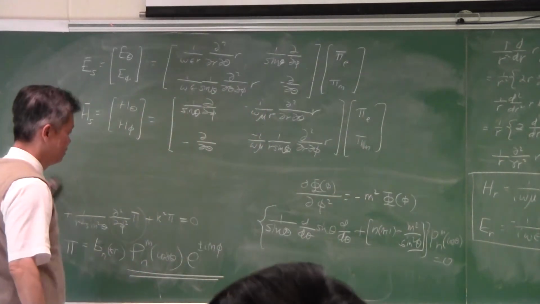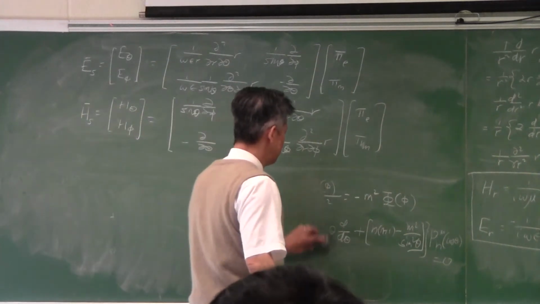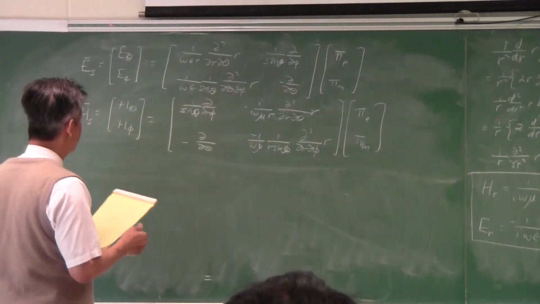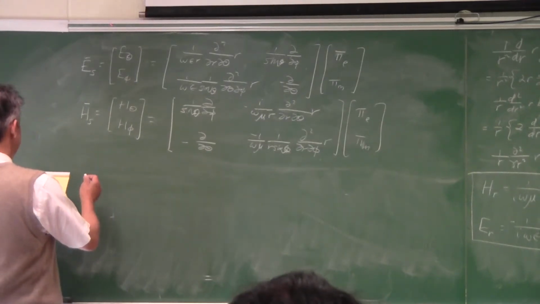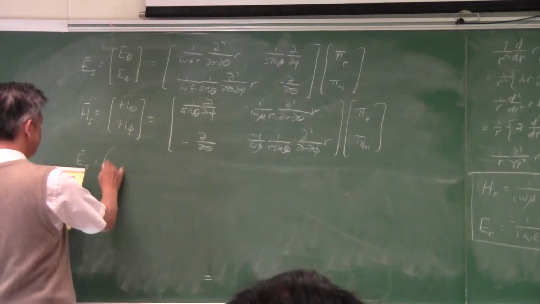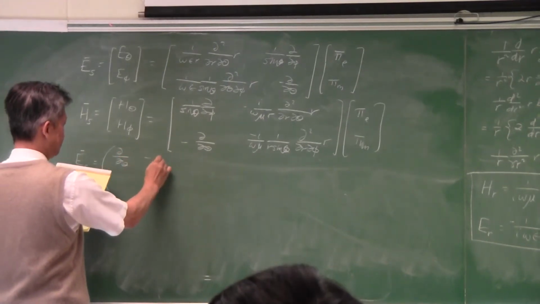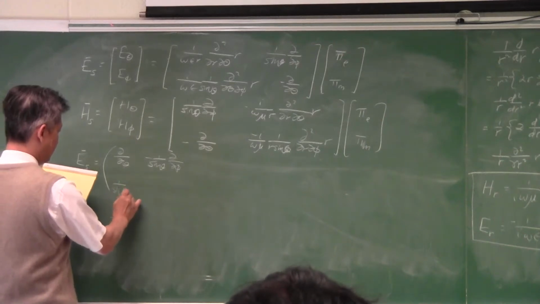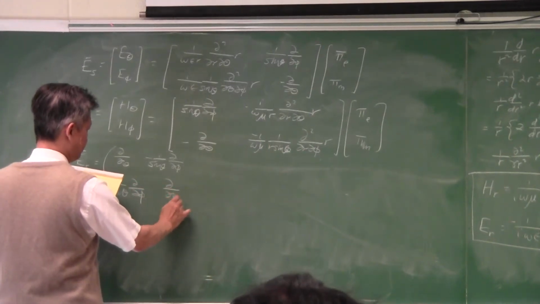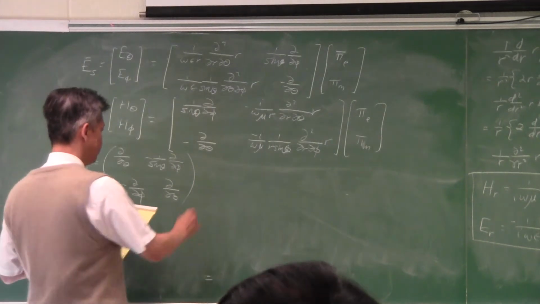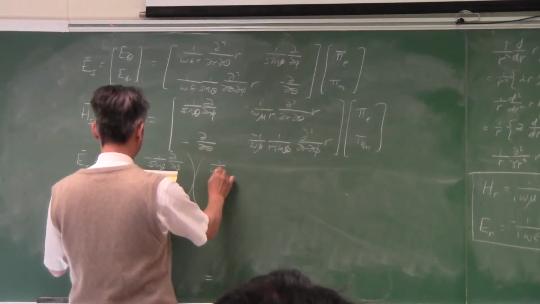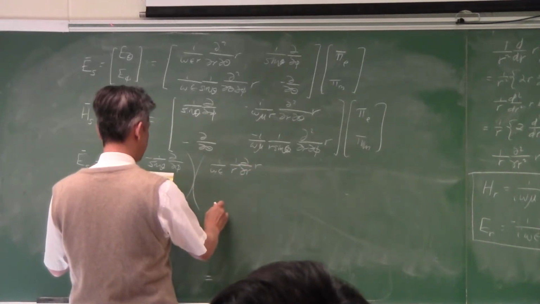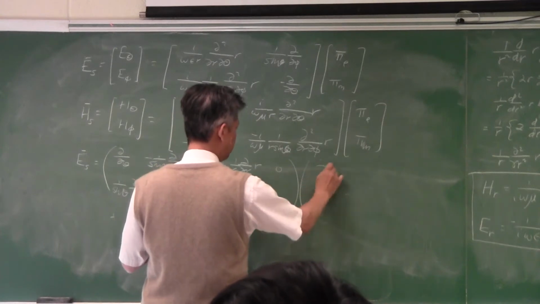Okay, so you have all this machinery that you can deploy and write down the transverse field components. These expressions are difficult to write down, but it turns out that you can factorize them, such that E_s can be written as partial theta, minus 1 over sine theta partial phi, 1 over sine theta partial phi, partial theta, times i over omega epsilon, 1 over r partial r, 0, 0, minus 1, pi e, pi m.